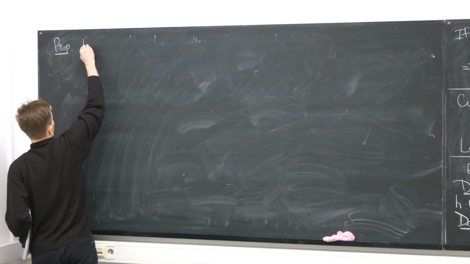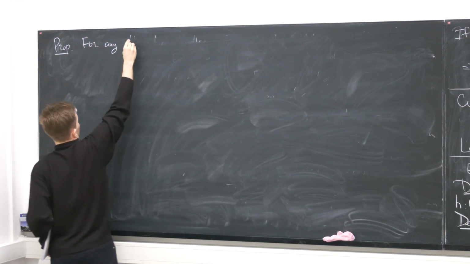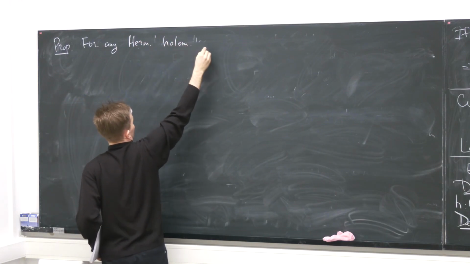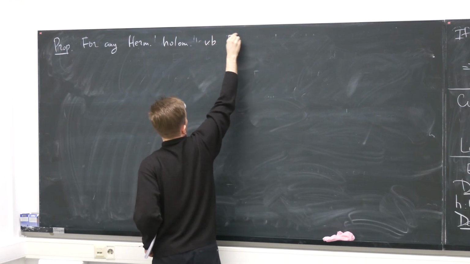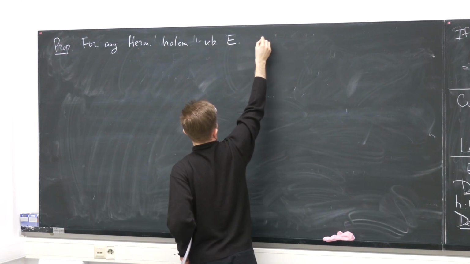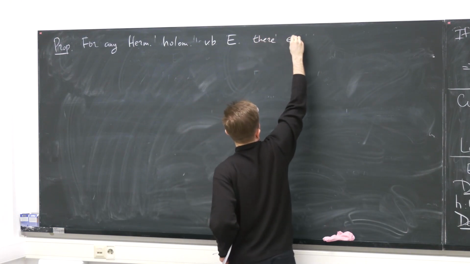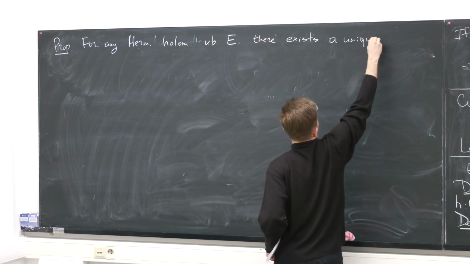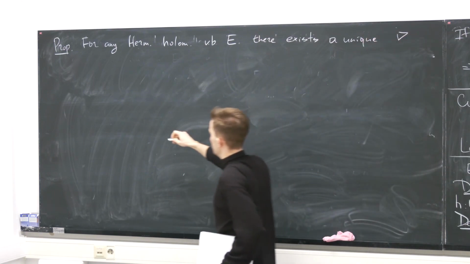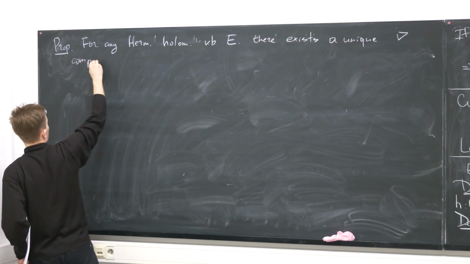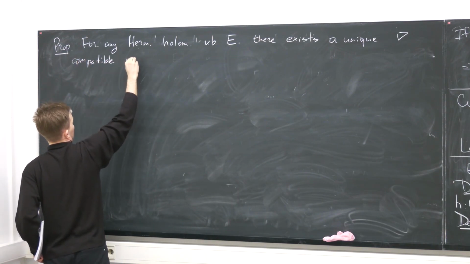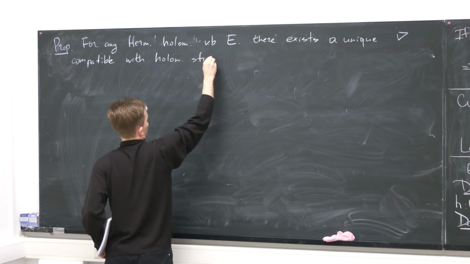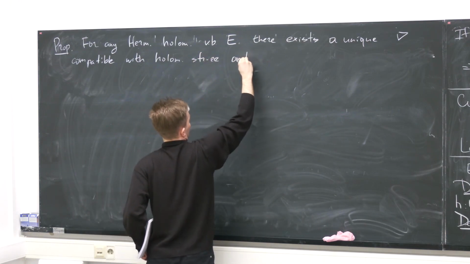For any Hermitian holomorphic vector bundle E, there exists a unique nabla compatible with the holomorphic structure and Hermitian metric.